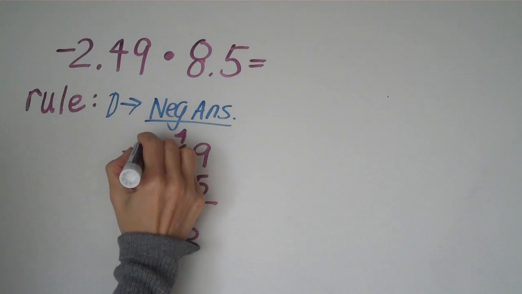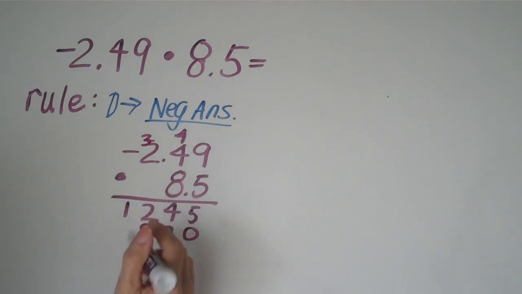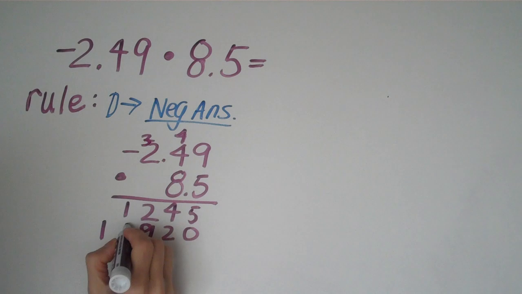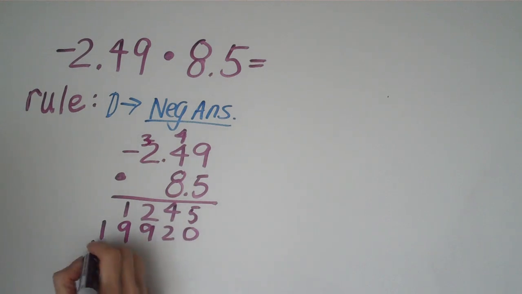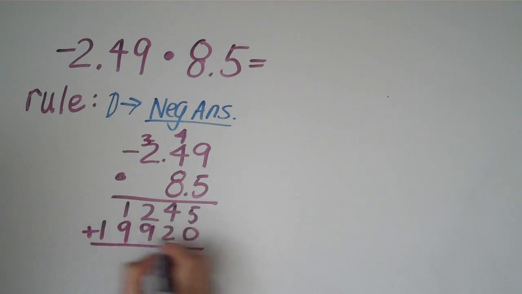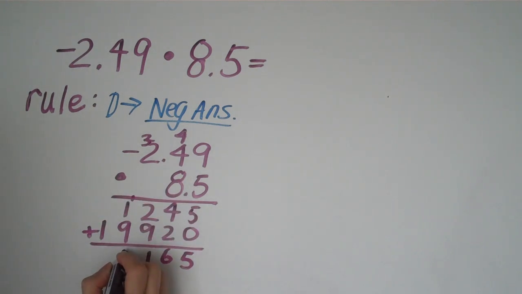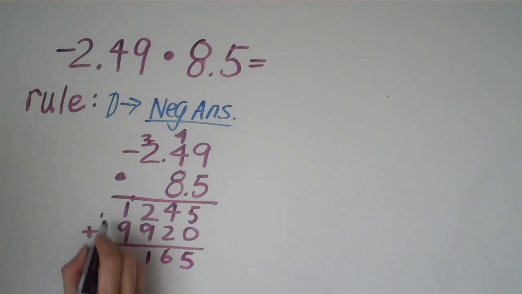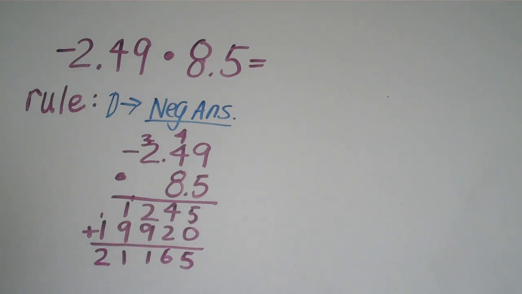I'm going to carry the 3 now. 2 times 8 is 16, plus 3 is 19. Okay, and then we're going to just simply add that up. And we get a 5, a 6, an 11, carry the 1, another 11, and then a 2, because we carried the 1.